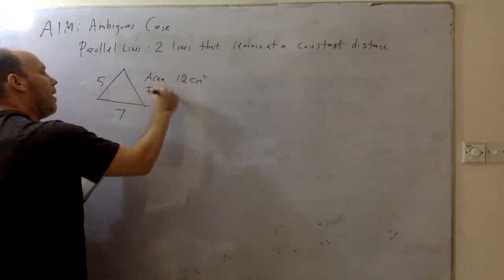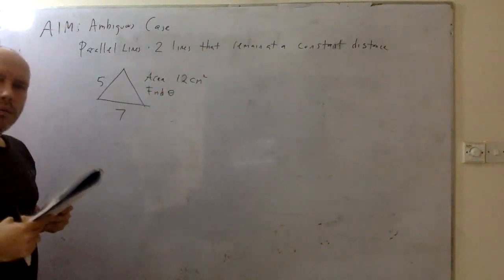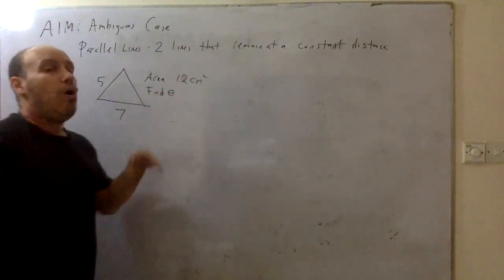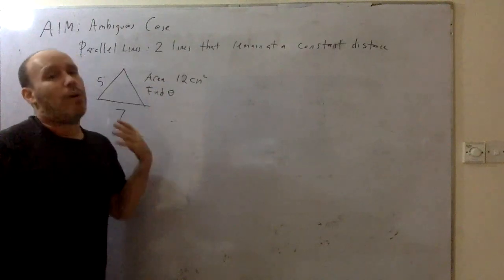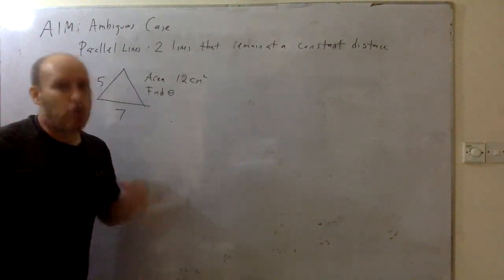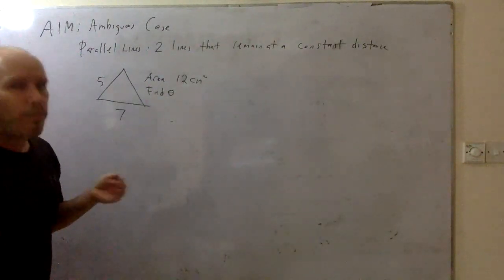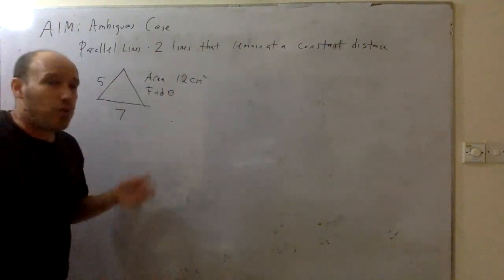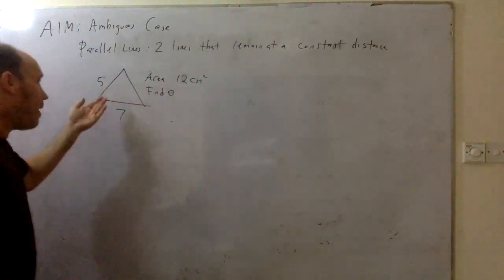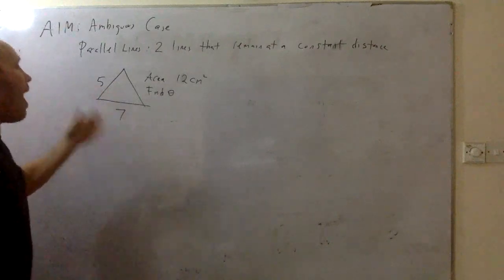Find theta. I never asked you that, because we didn't yet want to deal with the ambiguity. I wanted you to know how to do area of a triangle, but we still need to talk about the ambiguity. Well, now we understand the ambiguity, that there's two possibilities.